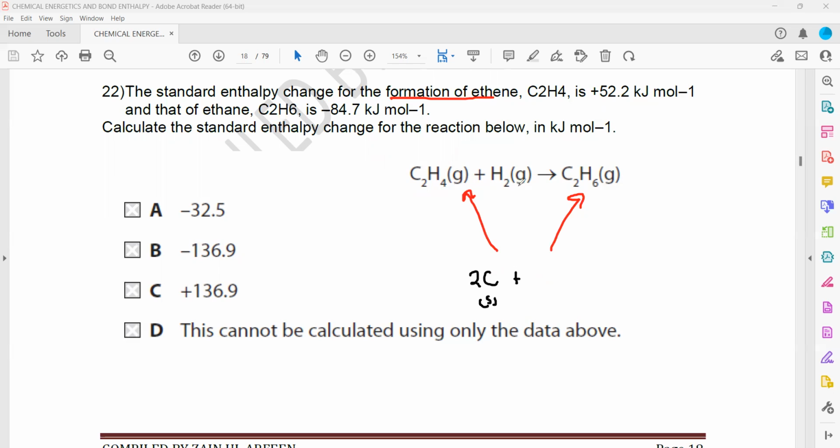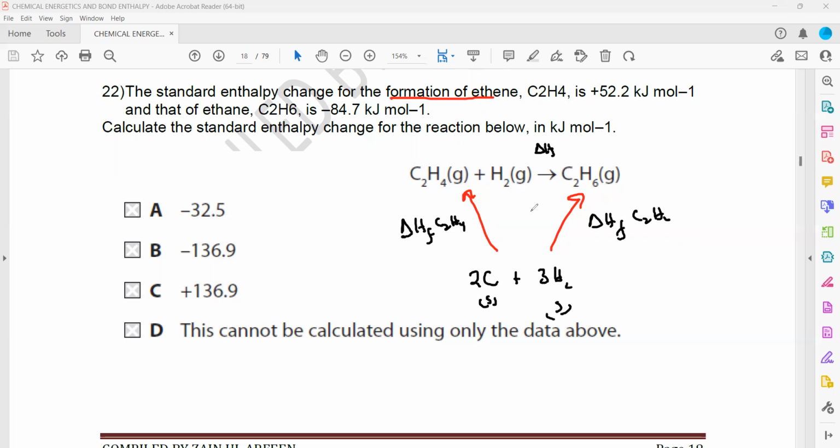We have a total of 4 plus 2, 6 hydrogen, so 3H2 in a gaseous state. Hydrogen is not formed because the formation of an element is always zero. So this is the formation of C2H4, and this is the formation of, with 1 mole formed, C2H6.